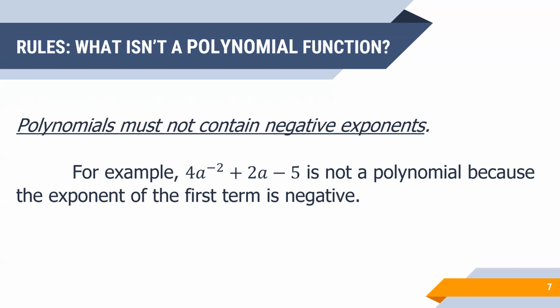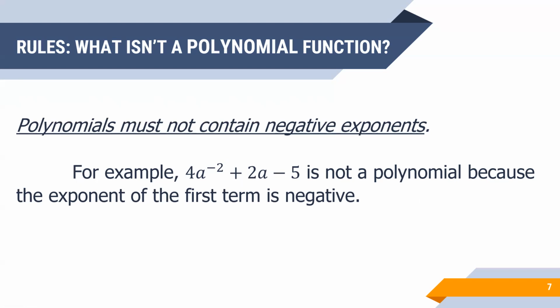For example, we have 4a raised to negative 2 plus 2a minus 5. This is not a polynomial because the exponent of the first term is negative. Yung exponent ng variable na a is negative 2. So, ibig sabihin, hindi siya polynomial function.